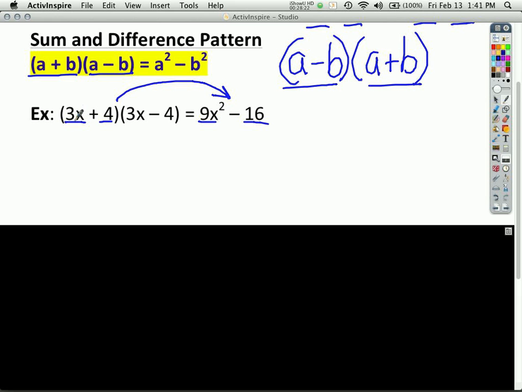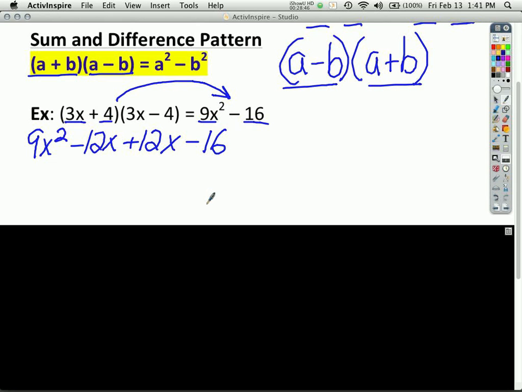FOIL, first terms, 3x times 3x, 9x squared. Outer, 3x times negative 4 is negative 12x. Inner, 4 times 3x is positive 12x. And 4 times negative 4 is negative 16.